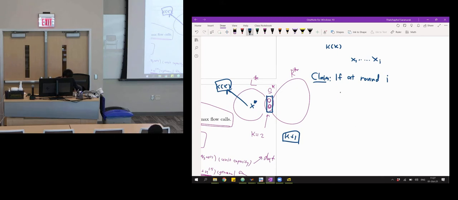If the minimum over j at most I of kappa(xj) is less than I, then we claim that kappa is this thing. In other words, this is at most I minus 1. Is this true?